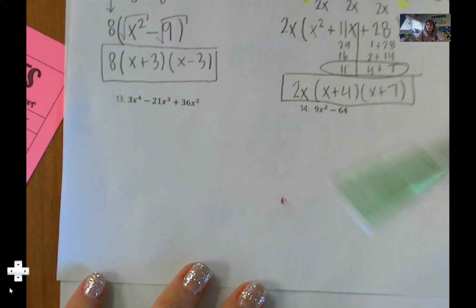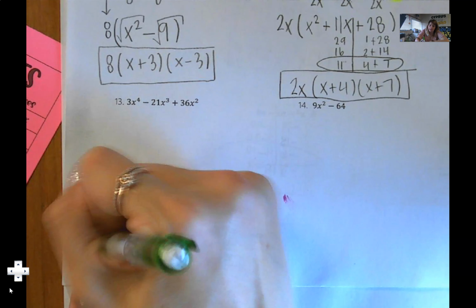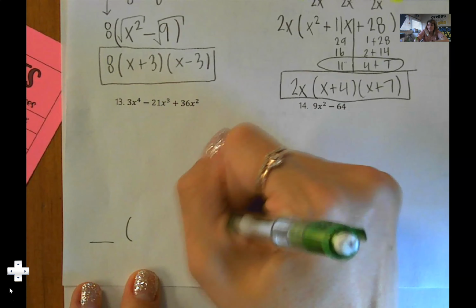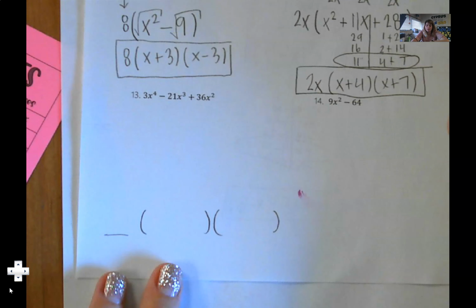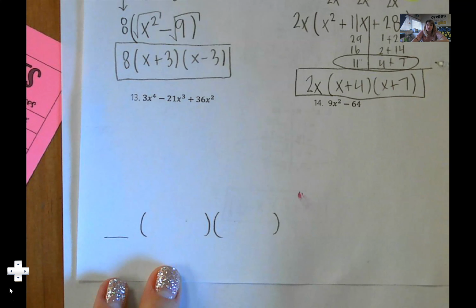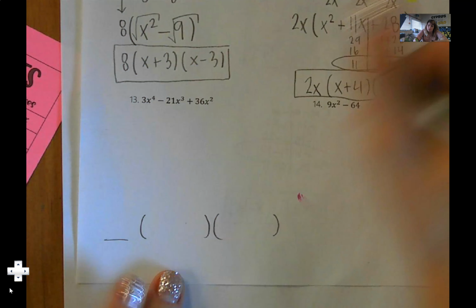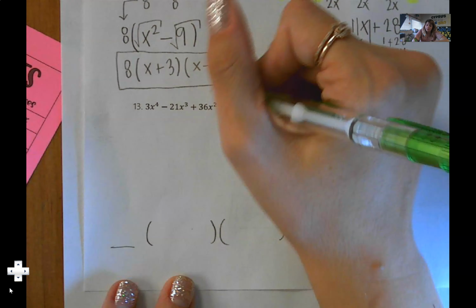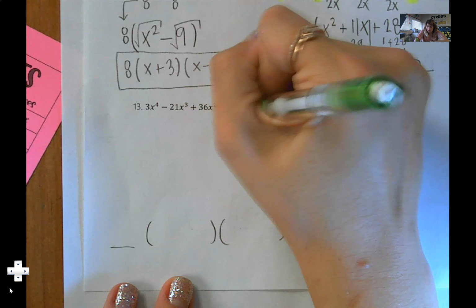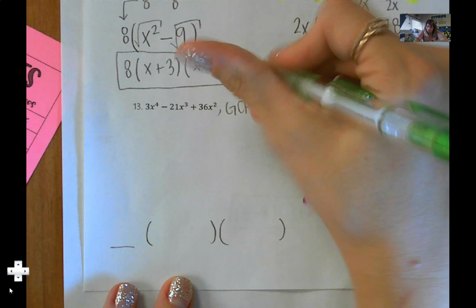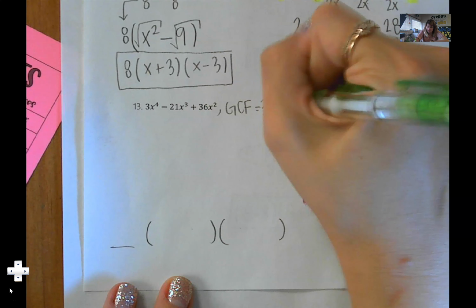So number 13 now is going to be very similar, and your final answer is going to have a GCF in the front and 2 binomials. I want you to solve this one out without me. So pause and do it. I'm not going to describe what I'm doing. I'm just going to do it, and then you're going to check your answer against mine.